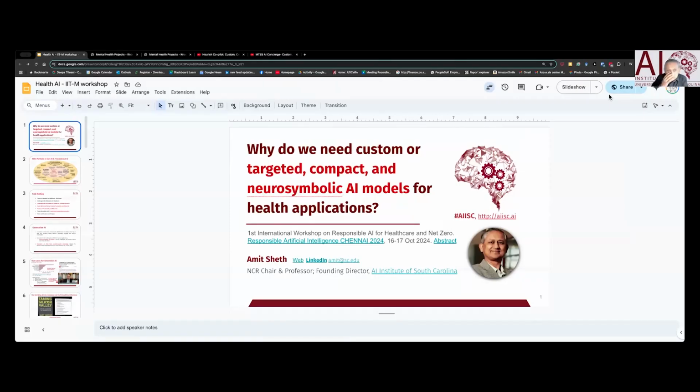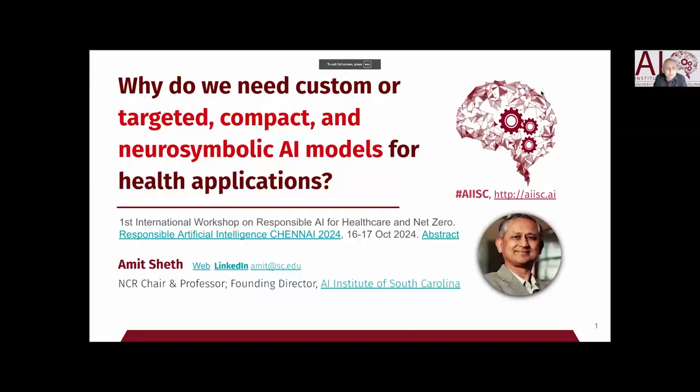Now, here's what I would title my talk: Why do we need custom, targeted, compact, and neurosymbolic AI models for health applications? In general, I'm addressing the narrow aspect of which core AI technology is suitable or not for health applications.